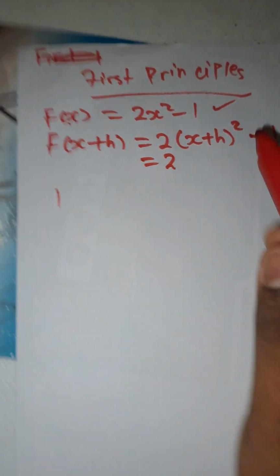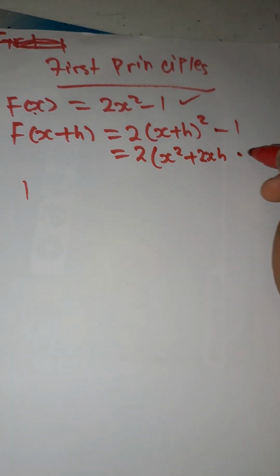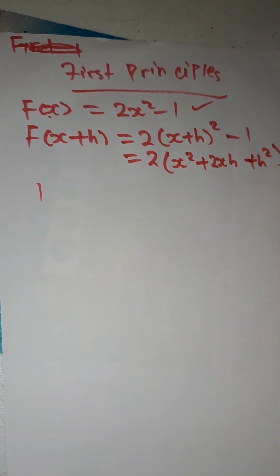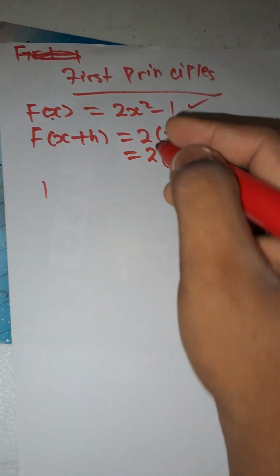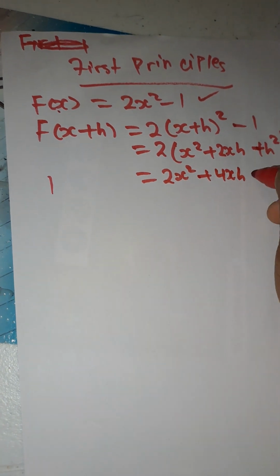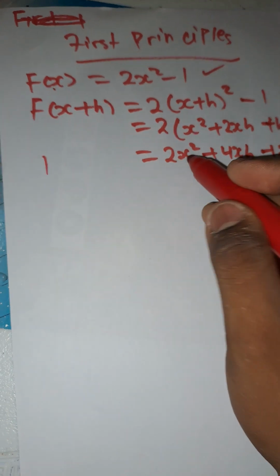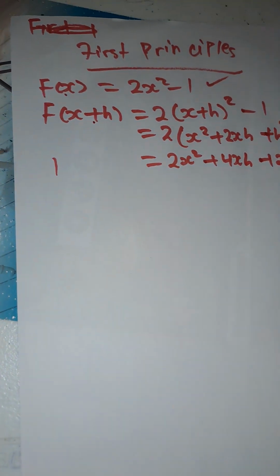You are in grade 12, you must know how to expand. So it's going to be 2 times x squared plus 2xh plus h squared, close bracket, minus 1. When I open everything, it's 2x squared plus 4xh plus 2h squared minus 1. So this is my value that I'm going to put in f of x plus h.